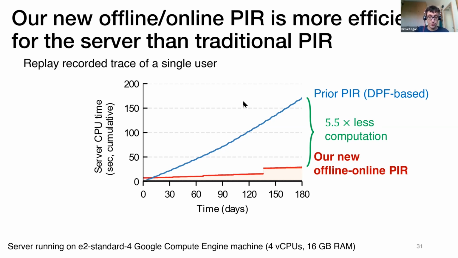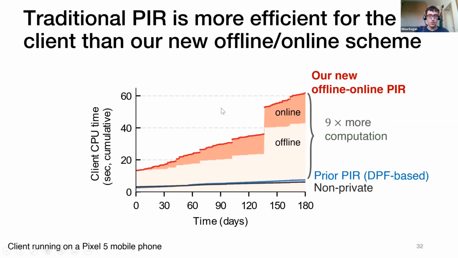So we save on server computation, but we lose elsewhere. In particular, our new offline-online PIR scheme is less efficient in terms of client time. We use 9x more computation on the client than prior work. Part of it is because looking through this collection of sets that the client stores locally requires a lot of time for the client.